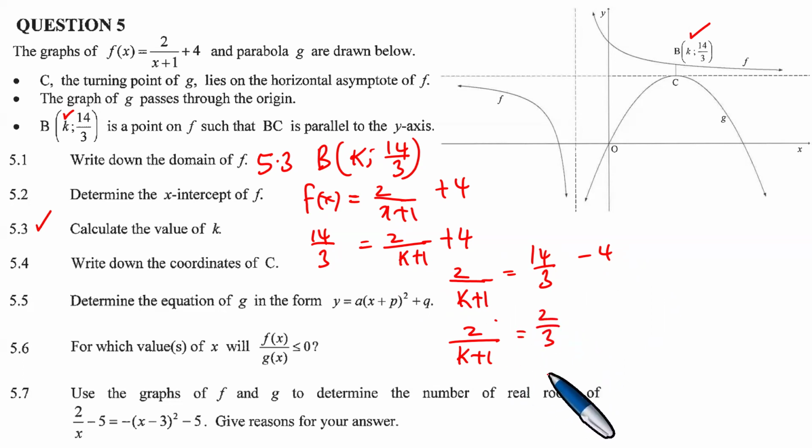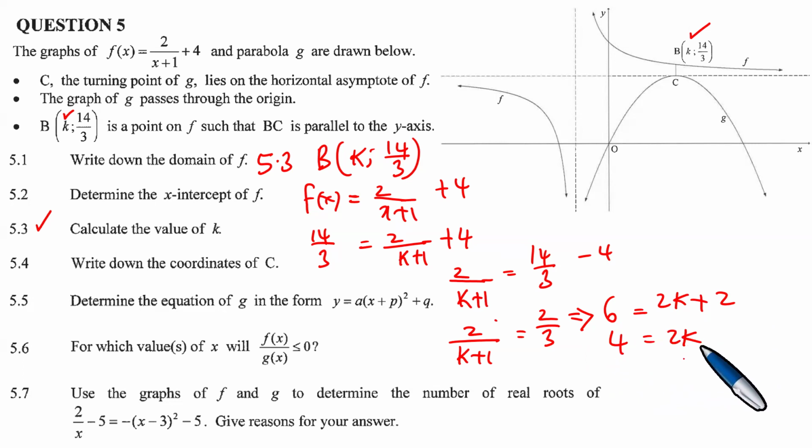We cross multiply this, and what are we able to achieve out of this? We have 3 times 2, giving us 6, equals 2 times (k + 1), which is 2k + 2. As a consequence, we have 6 - 2, which is 4, equals 2k, divided by 2, which means 2 is equal to k.